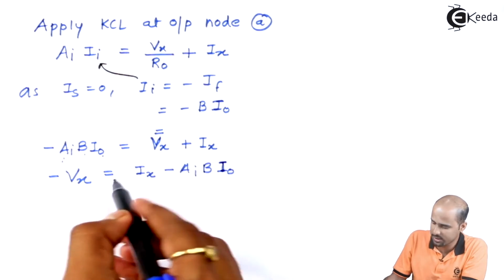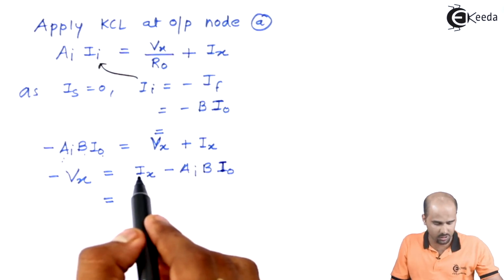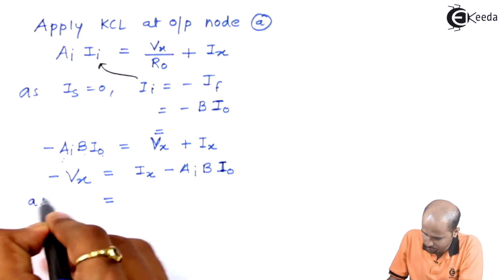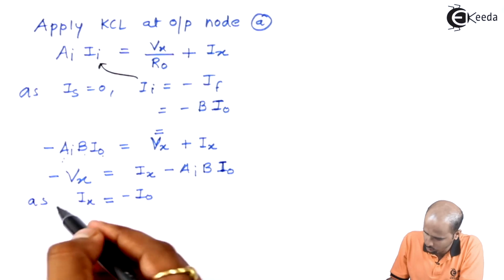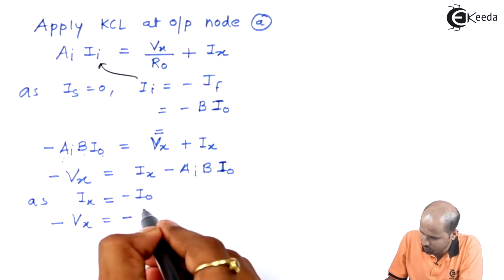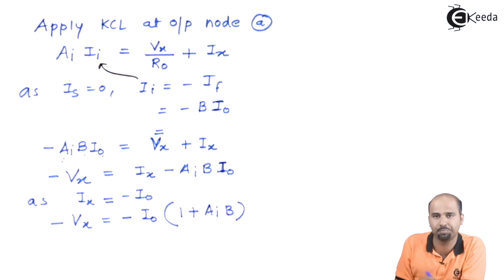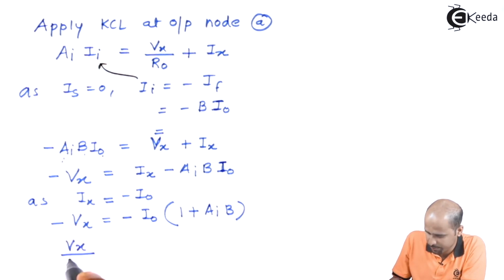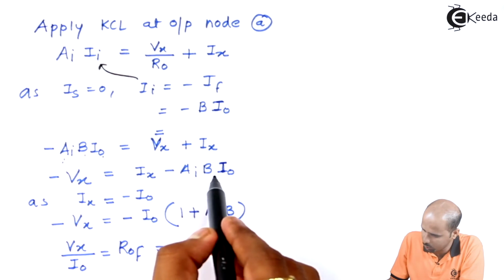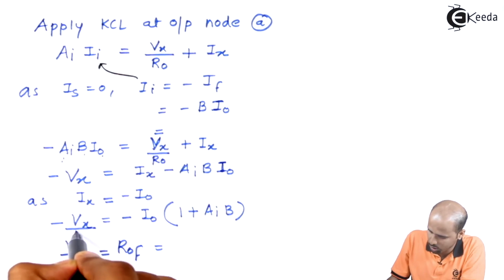As far as IO is considered, we know that IO is minus of Ix, because in this circuit IO and Ix have different directions. So minus of Vx is equal to minus of IO in bracket 1 plus AI into B. Minus minus will get cancelled, and what we are expecting, Vx upon IO, which is nothing but ROF, is Vx upon RO.